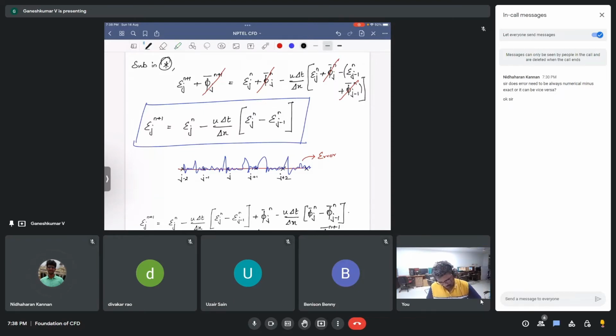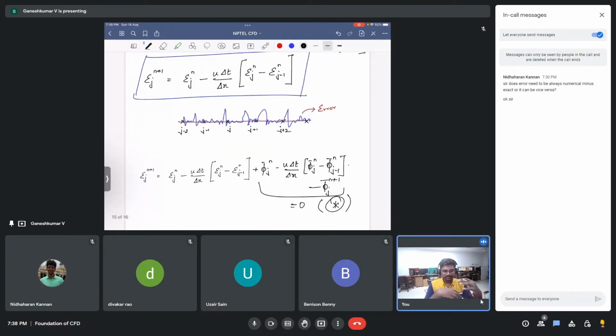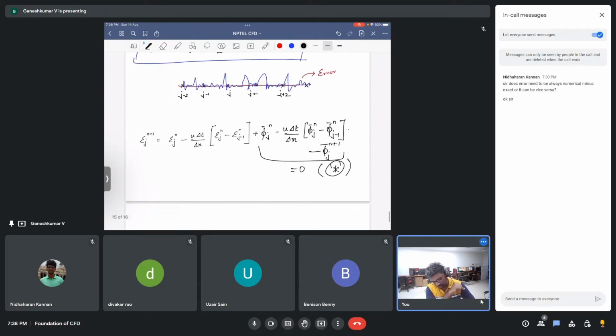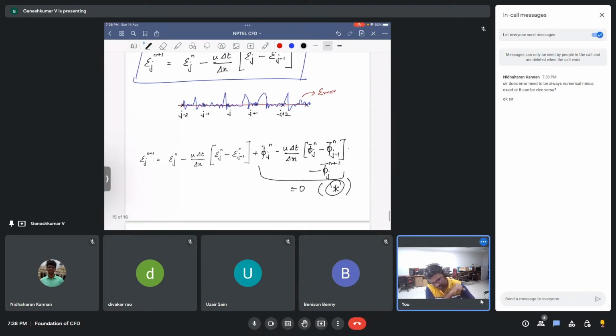So now we know that error will vary randomly within the nodes, and we won't be able to understand how the error increases or decreases. That's why we have a wonderful tool called Fourier analysis. So this we will represent using a Fourier series.